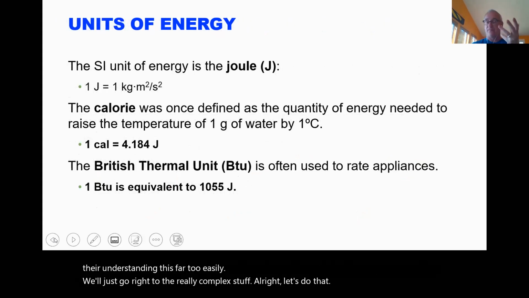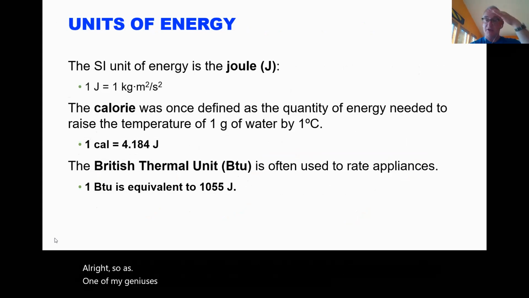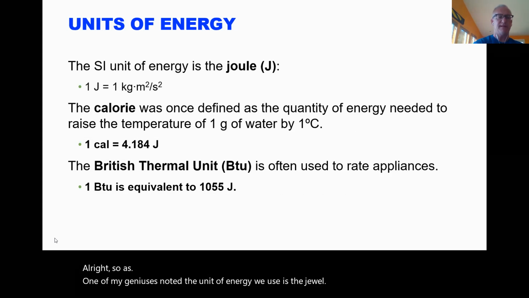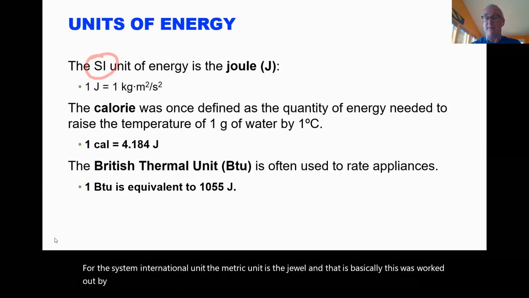All right, so as one of my geniuses noted, the unit of energy we use is the joule. It is the System International metric unit, and this was worked out by physicists. If it was up to chemists, we'd still be using the calorie.